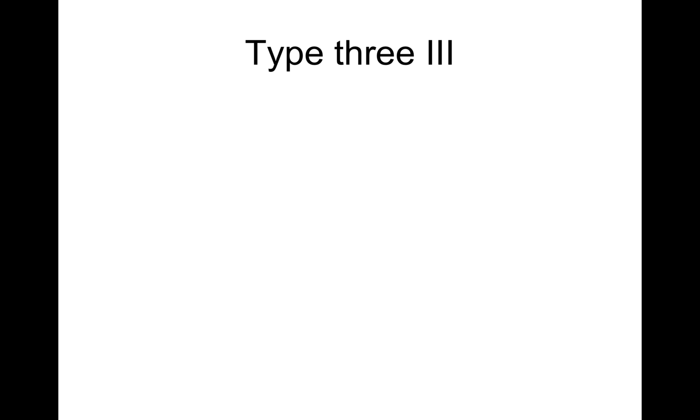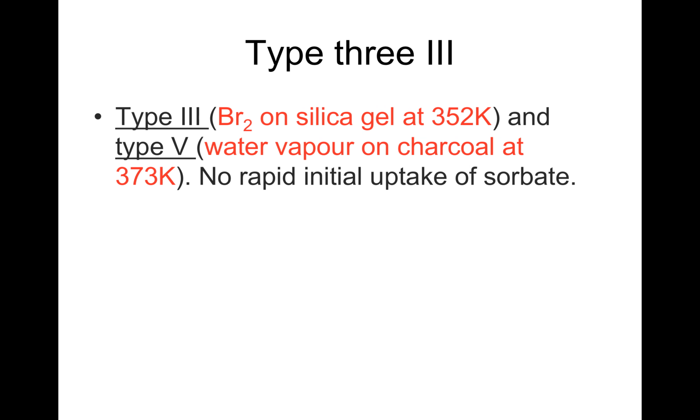Right, let's go to type 3, which has got some similarities with type 4. Type 3 is exemplified by adsorption of bromine on silica gel at 352 K. And type 5 is exemplified by water vapor adsorption on charcoal at 373 K. In these two, there is no rapid initial intake of sorbate as in 1, 2, 4, and 6.